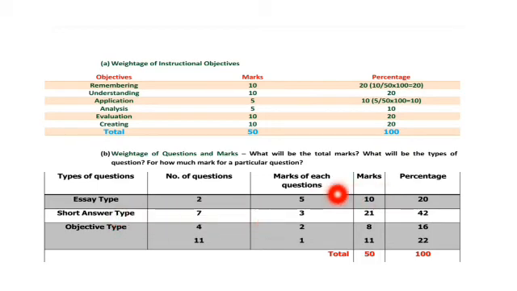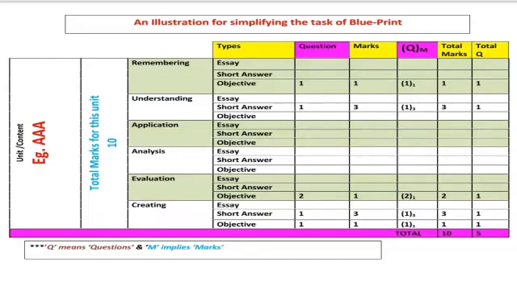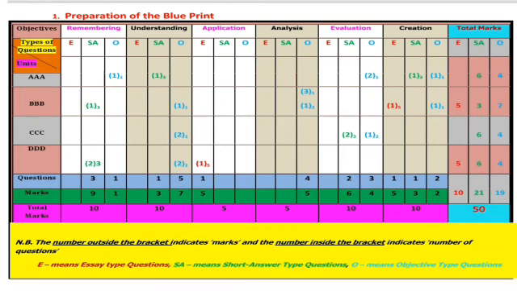How many marks will be provided, and how many questions will be provided. Is that clear? So, having decided this, the entire blueprint will come out. You'll be able to check out the blueprint.